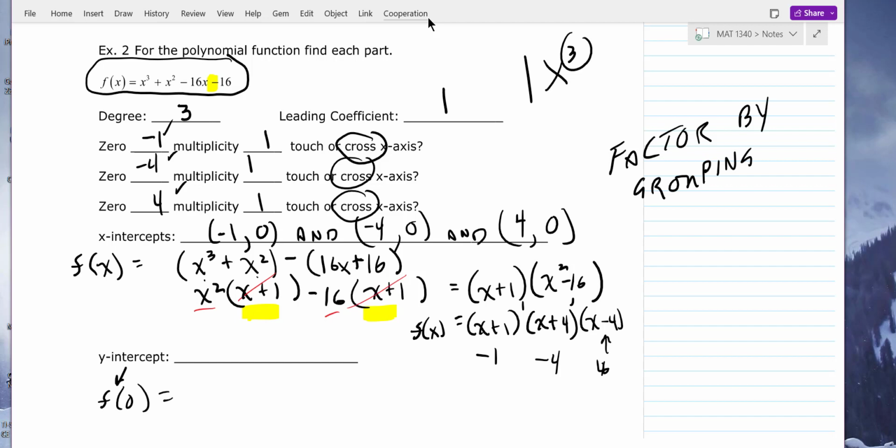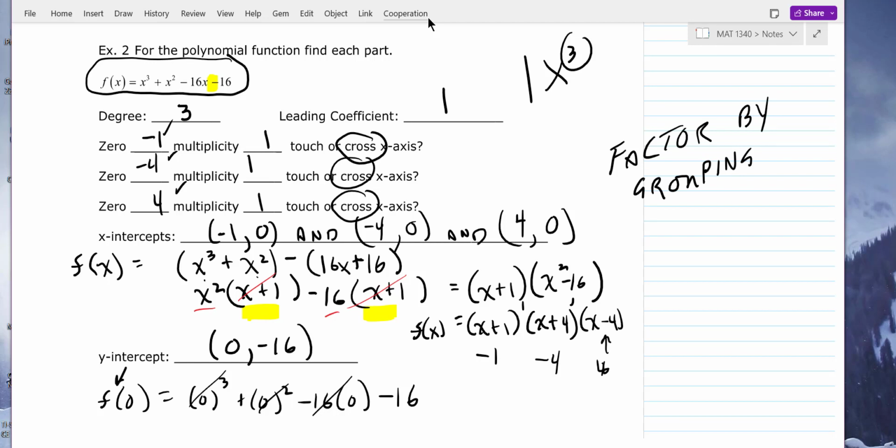Okay, so go to your original form, and you'll have 0 to the third plus 0 to the second minus 16 times 0 minus 16. Again, you don't need to get your calculator out. All that stuff goes to 0. So you're left with a y-intercept that is the point 0, -16. Okay, that's what we got there. So now we've got everything we need to complete a graph.